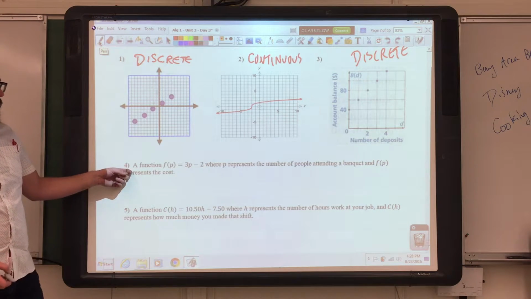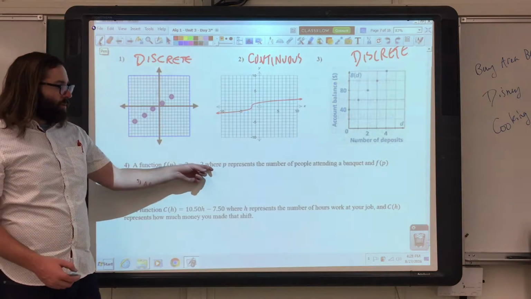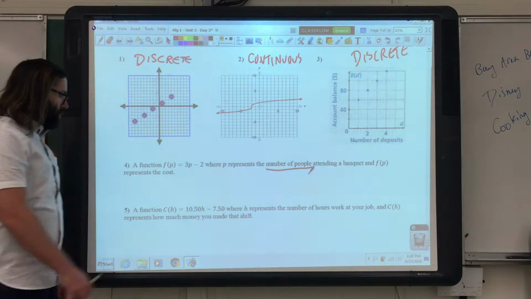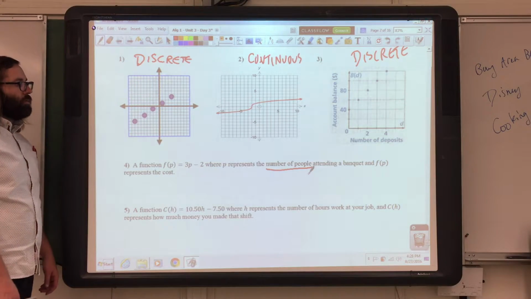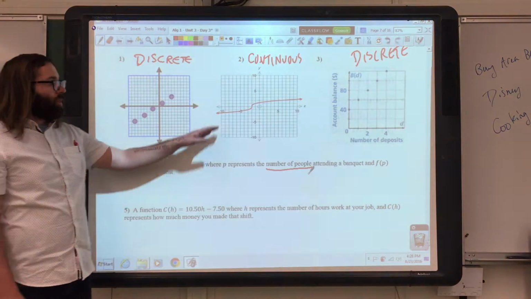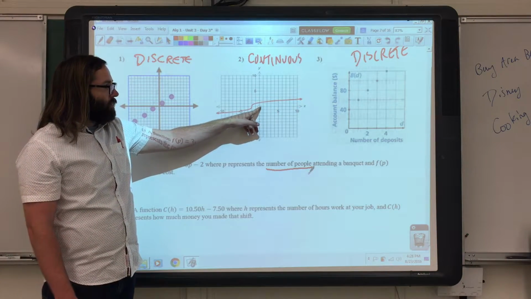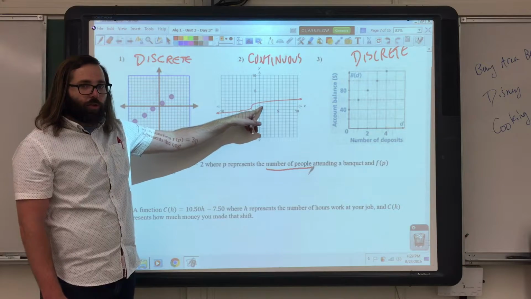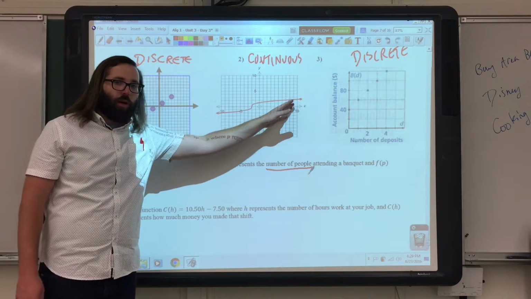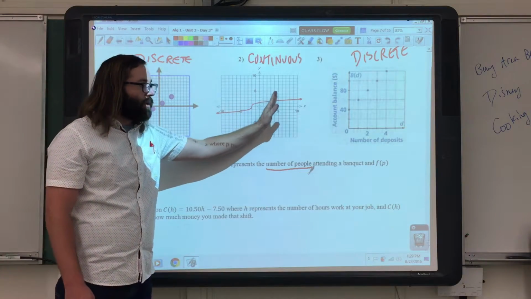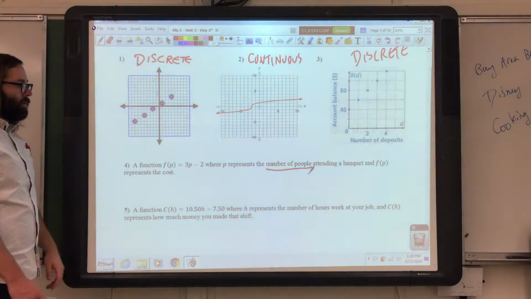Okay, number 4 is a word problem. This function represents the number of people. So what these continuous functions mean is that you can have 0, 0.1, 0.2, 0.3, all the way. You can do 0.01, okay? Every number in here works.